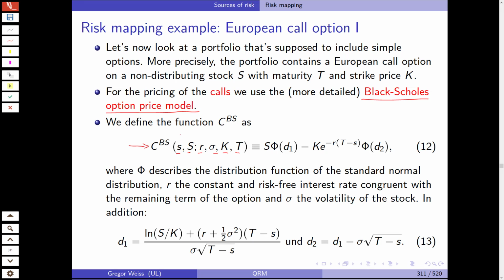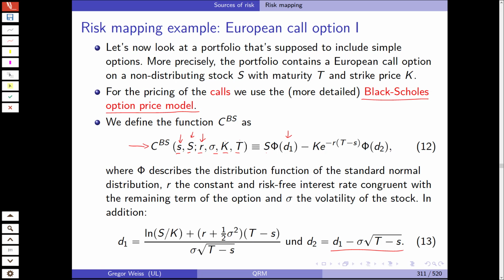The Black-Scholes model tells you, you will learn about this later, maybe in other lectures, or you've already seen this in financial risk management or computational finance, that the Black-Scholes model gives you an arbitrage-free price of such a European call option, and it's given by the current stock price times Phi, the distribution function of the standard normal distribution at point d1, minus the discounted strike times Phi at d2, and d1 and d2 are given by these formulas.